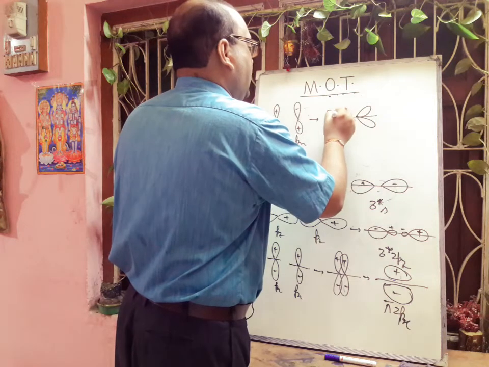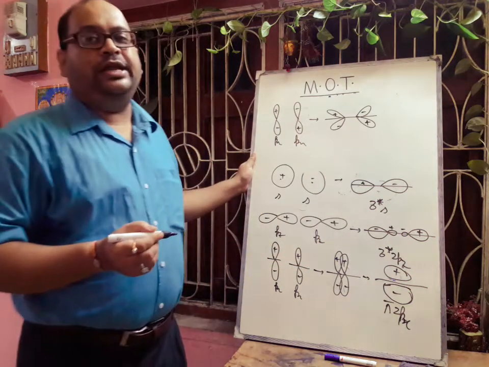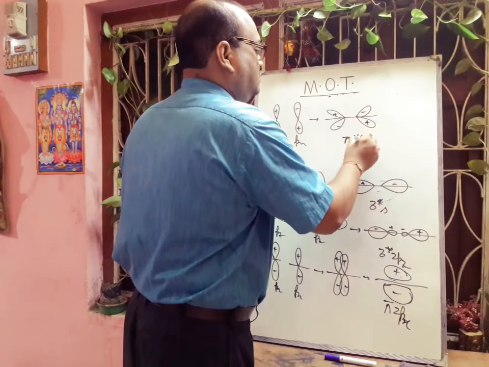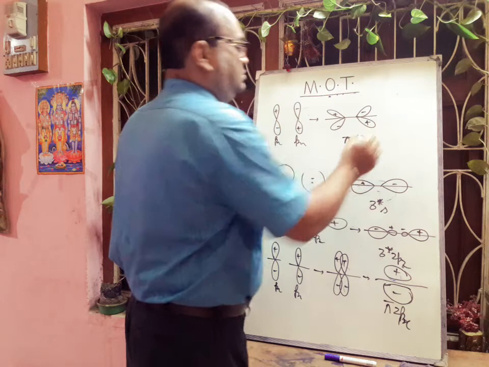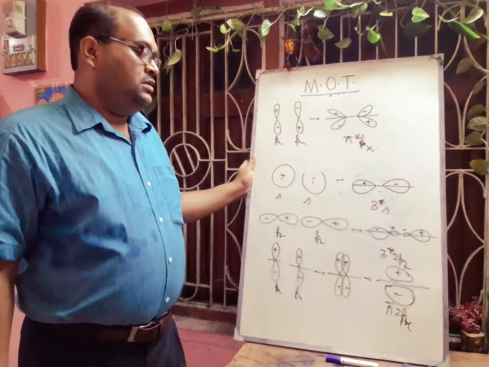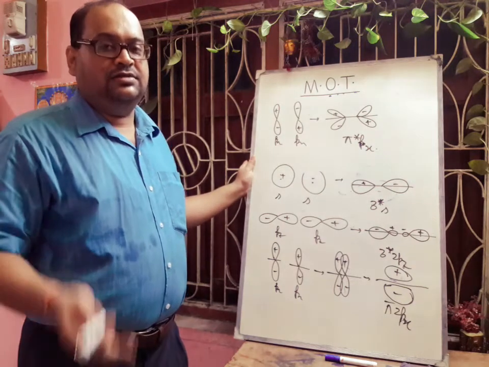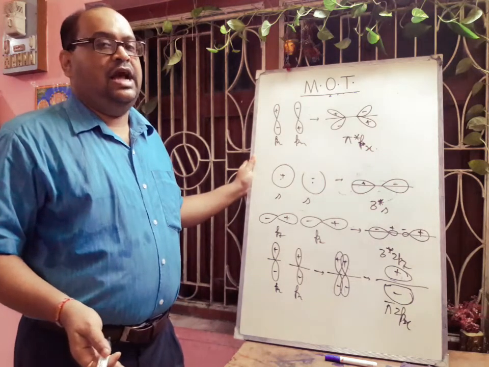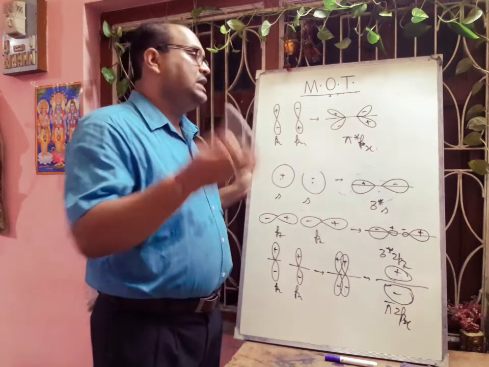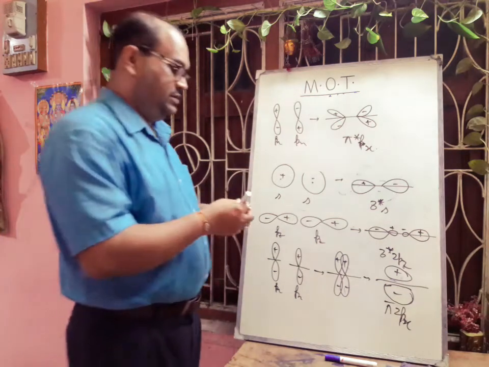This is also anti-bonding, and this type of bond is called pi star px. We have already told you that when there is bonding, it will be stable and remain at the lower energy level, and when there is formation of anti-bonding, it will remain at a higher energy level and it will be unstable.